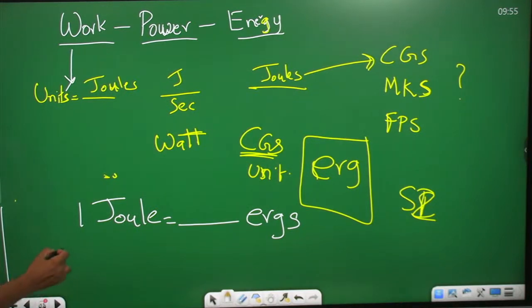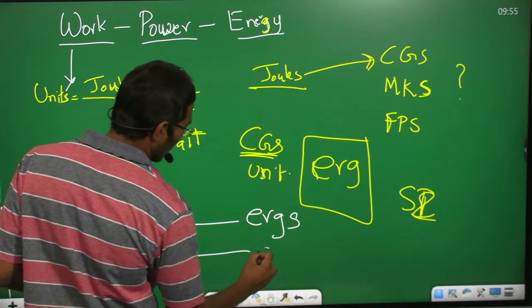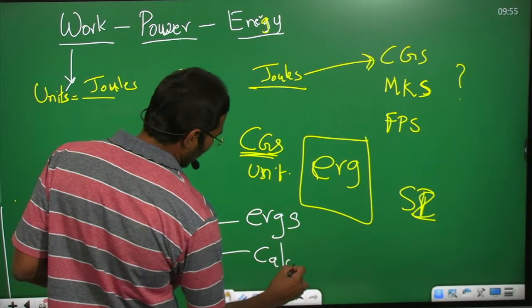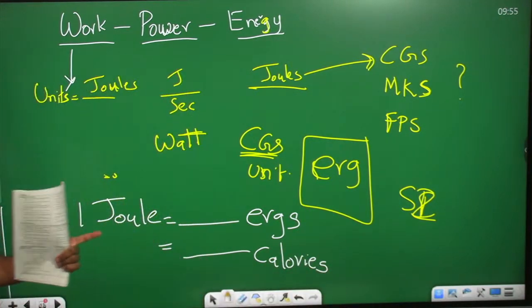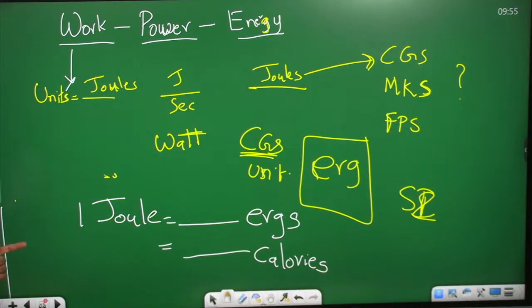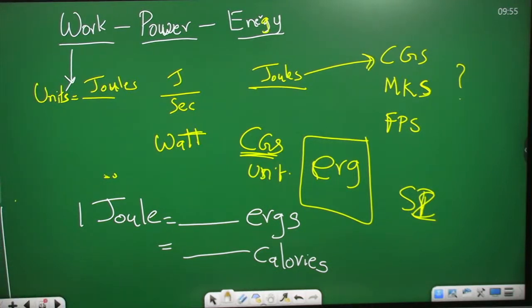See, we have some other thing like in terms of calories. So you can write n number of formulas for joule. Yes, we have Shiva.